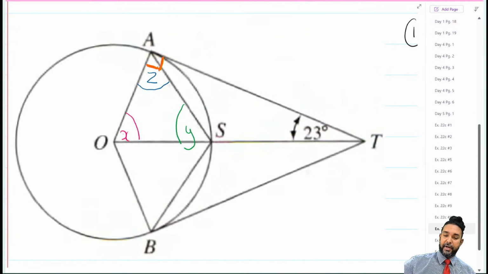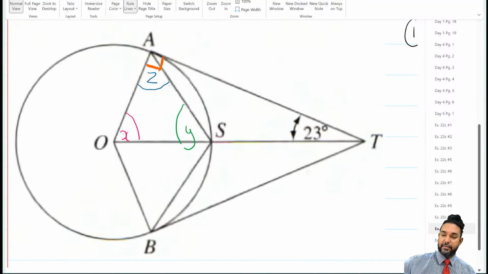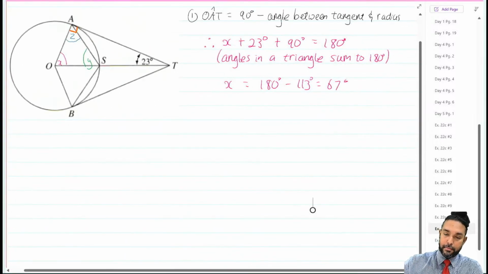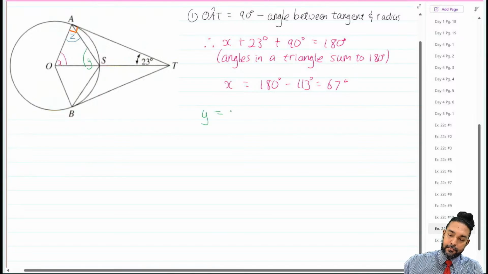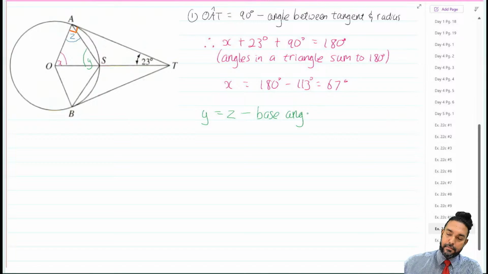So, how will we find angles Y and Z if we have angle X? It doesn't look like one, but it is one, this side and this side are equal.